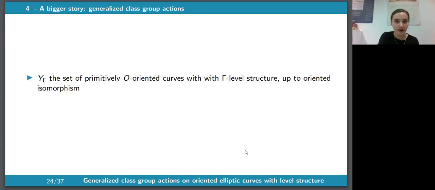All right. We now fix Y_gamma to be the set of primitively O-oriented curves together with gamma level structure up to oriented isomorphisms.